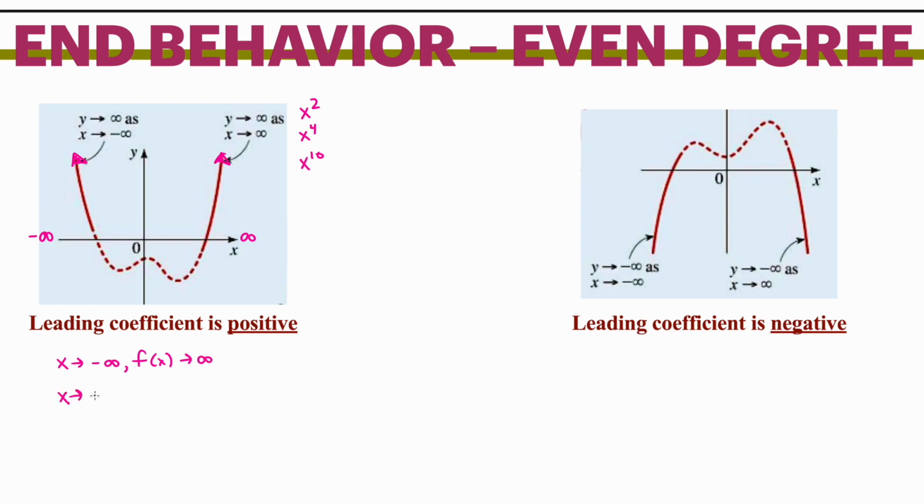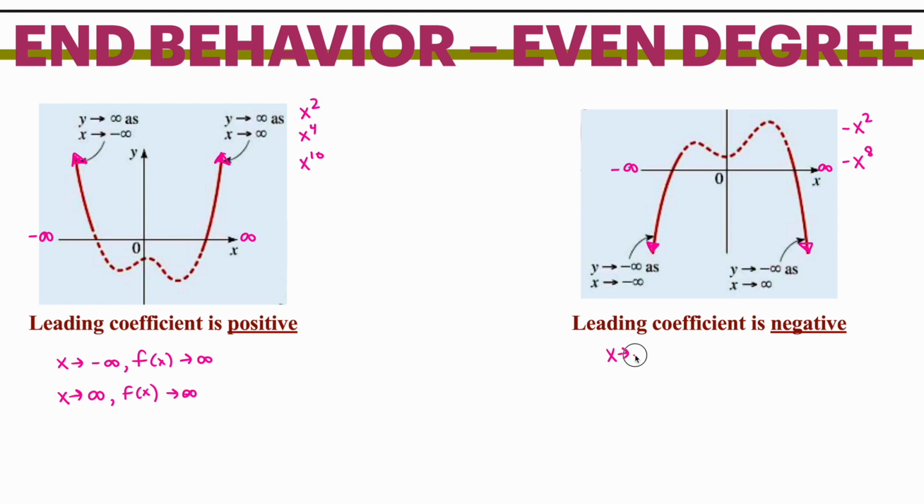And as x approaches positive infinity, the function is still going up. And then if the leading coefficient is negative, like a negative x squared or a negative x to the 8th, then the function is going down in both scenarios, negative and positive infinity.